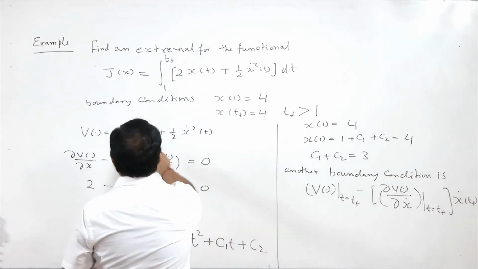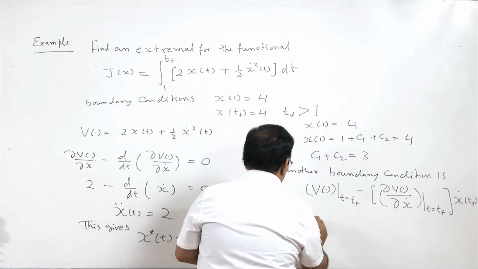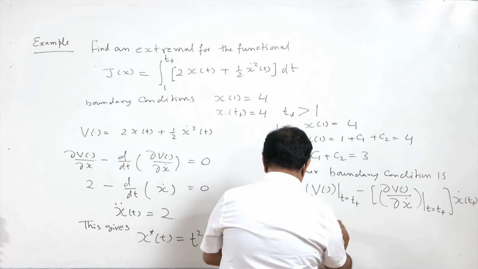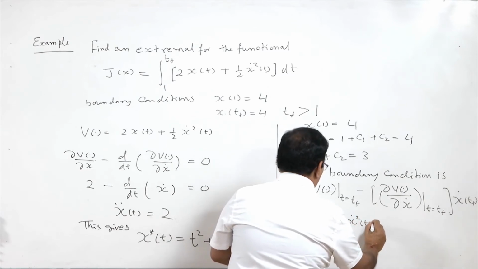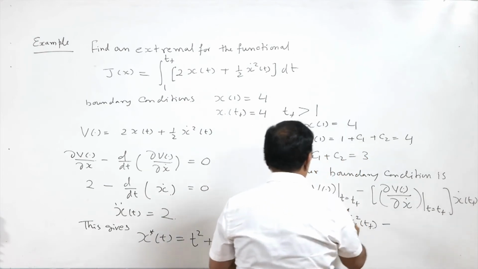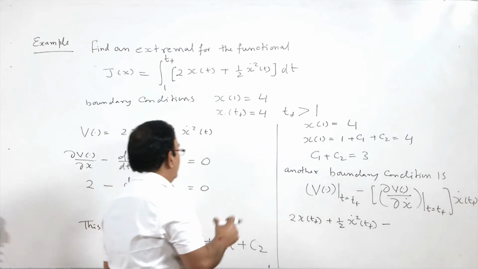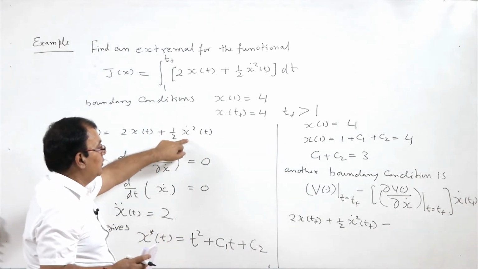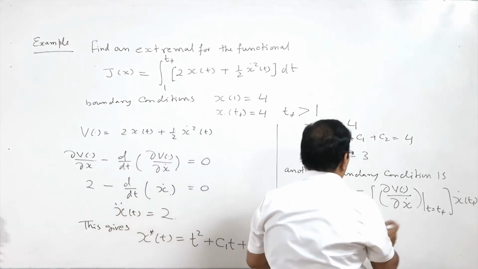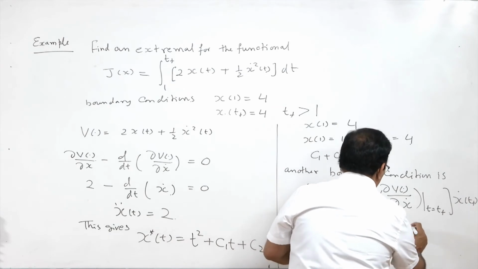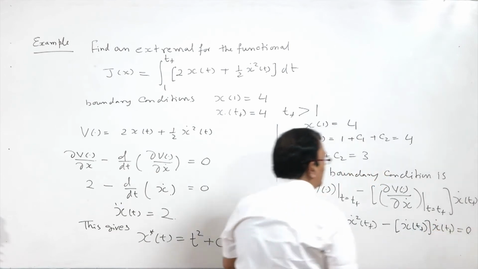So, if I use V as 2x(t) plus half ẋ²(t), I will get 2x(tf) plus 1/2 ẋ²(tf) minus, if I differentiate this with respect to ẋ(tf), that is nothing but ẋ(tf) multiplied with ẋ(tf), and this is equal to 0.